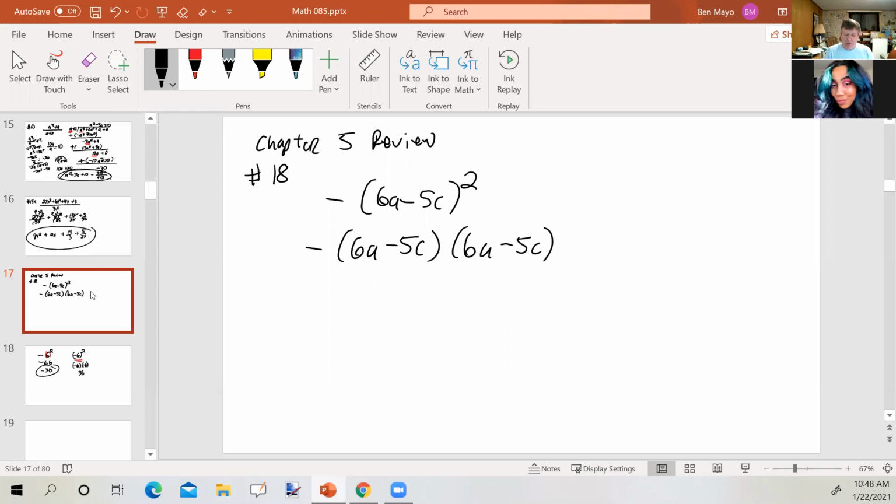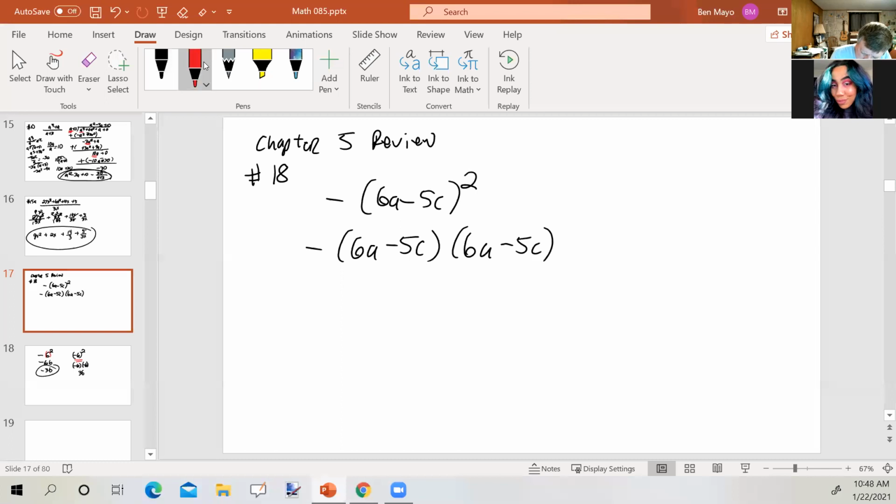I could distribute the negative sign that's outside to the first set of parentheses and change it to -6a plus 5c and take that quantity and distribute it. Or I can do the two factors in parentheses first, get that product simplified, and then distribute the negative sign. I'm going to do it the second method.